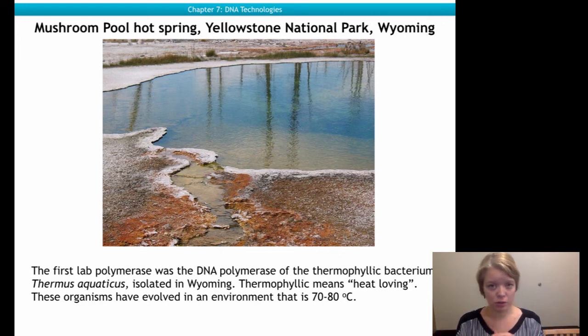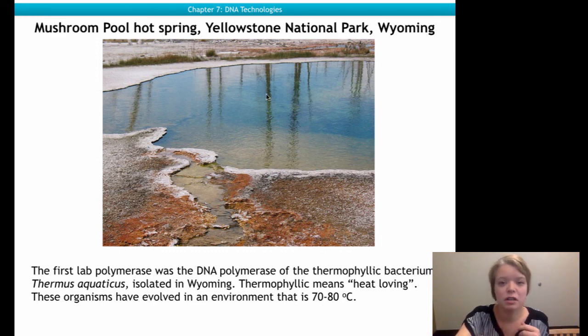So basically at the same time and slightly earlier than when the PCR reaction protocol was created, scientists from Minnesota isolated a very heat-stable bacterium, the thermophilic bacterium Thermus aquaticus, from one of the hot springs in Yellowstone National Park. It's the Mushroom Pool, which is not one of the famous ones. It's sort of another location from the big collection of the Prismatic Pool and so forth.